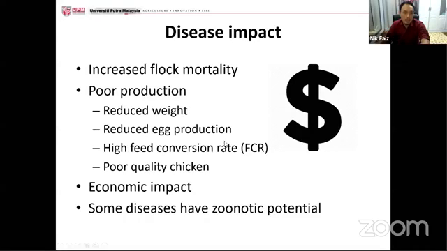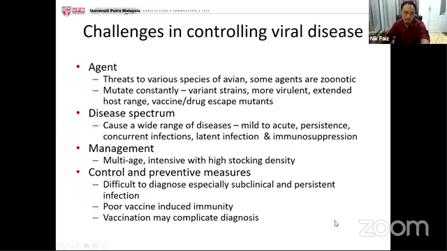On top of that, all of these lead to severe economic impacts, and some of the diseases have zoonotic potential, like avian influenza.